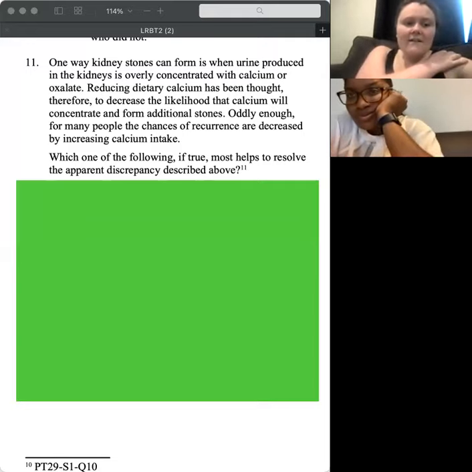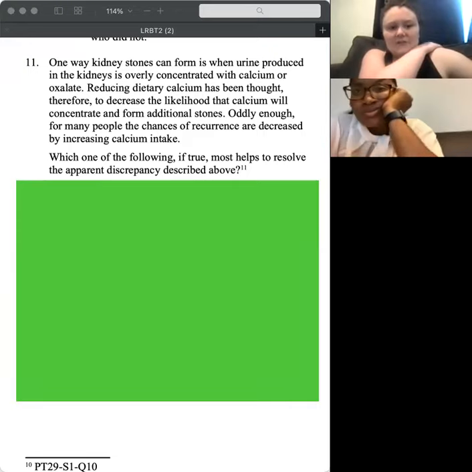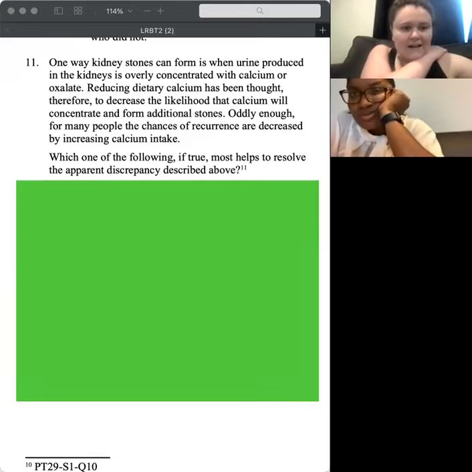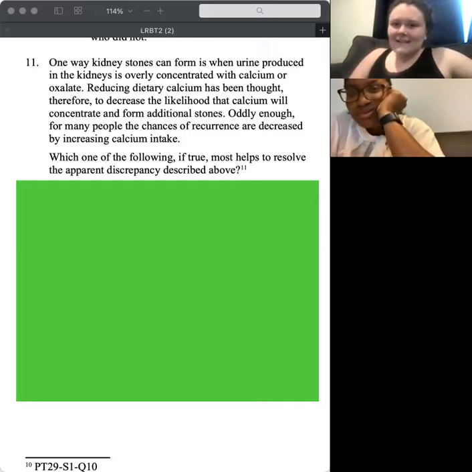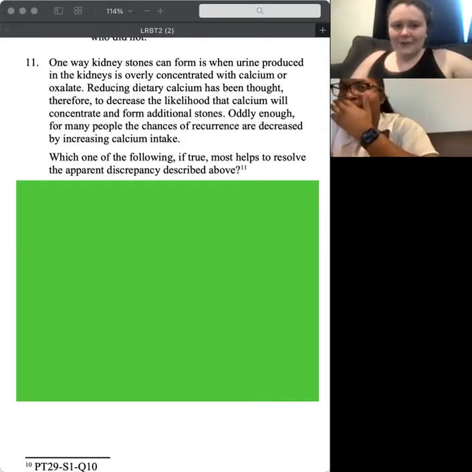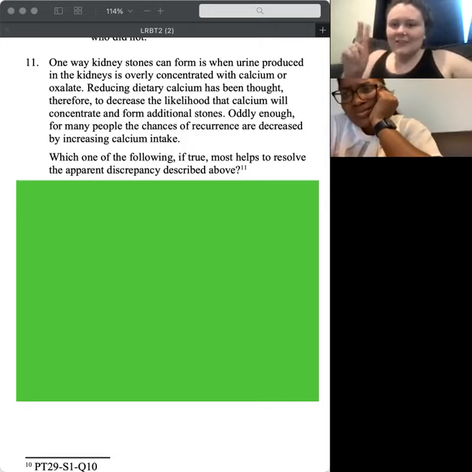But oddly enough, for many people, the chances of recurrence are decreased by increasing calcium intake. What? So what we want to find first is, what are the two facts that are kind of conflicting with each other here?